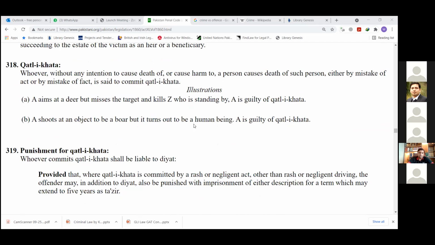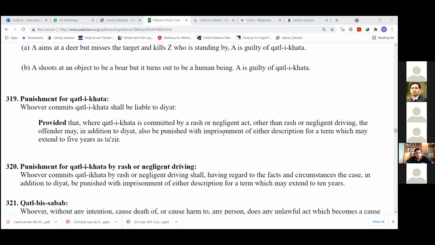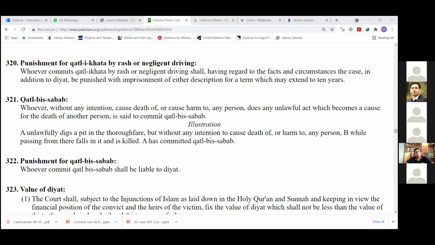It is called qatl khata. So the punishment for qatl khata is diyat. Diyat is 30,630 grams of silver, present value. An example of qatl khata is rash and negligent driving, which is apparent.